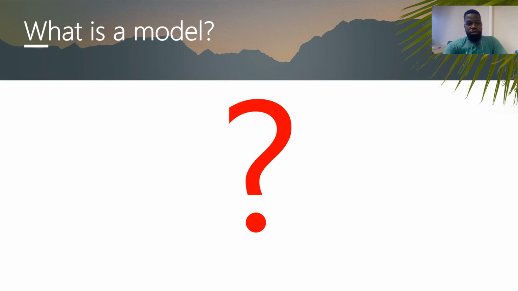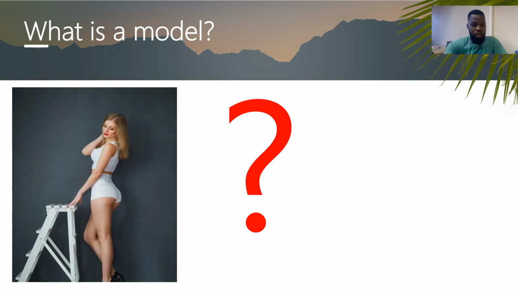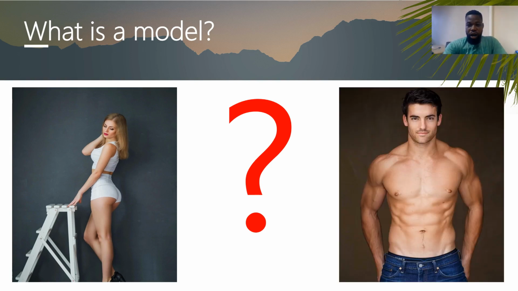So we ask ourselves, what is a model? To our minds, this is the type of model that comes to mind as we ask ourselves what a model is. These models, they model how clothes would look on ordinary people.